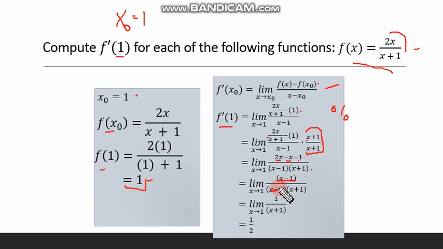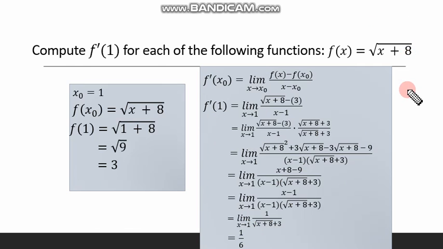We can cancel that. Okay, what remains is 1 over x plus 1. So we will direct substitute the value of x with 1. So 1 plus 1 is 2. So the answer is 1 half. So this is the derivative of the function at x is equal to 1.